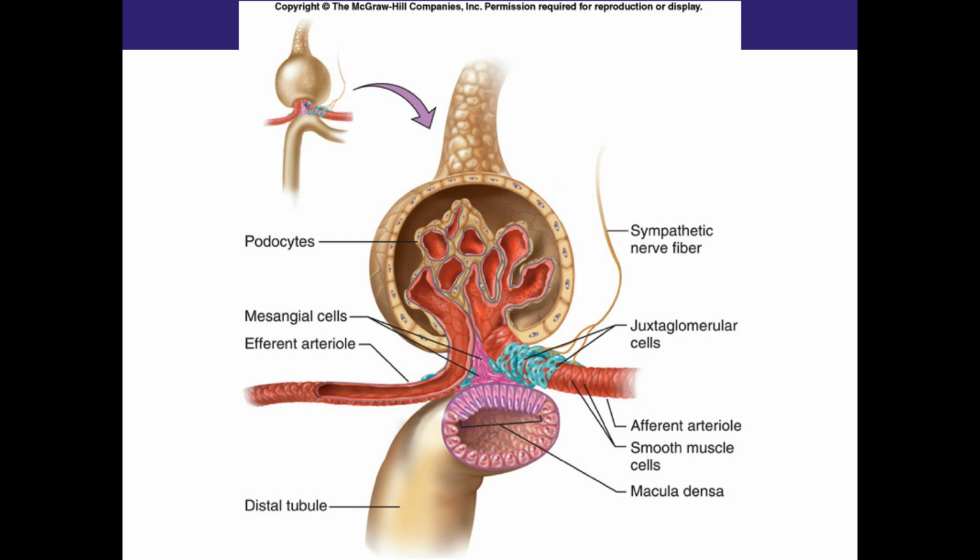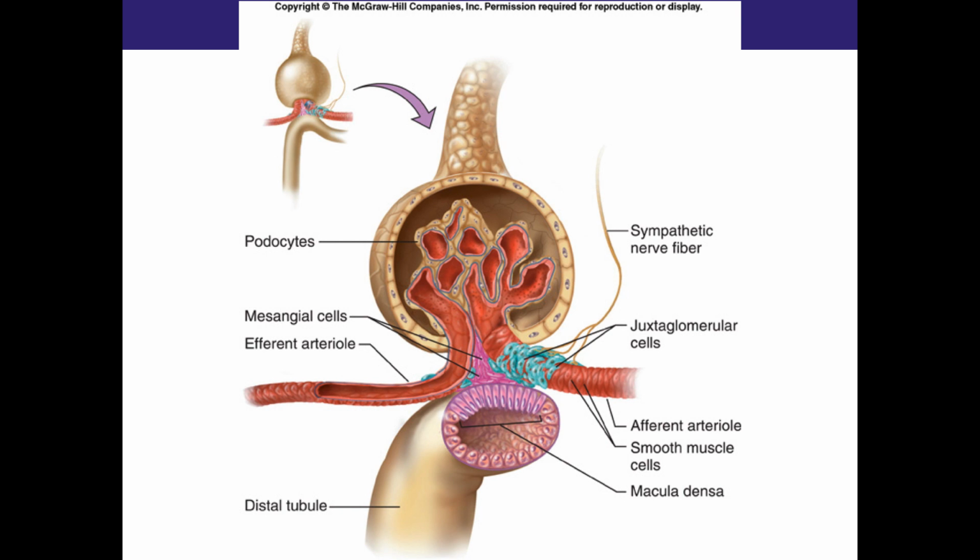If the flow is too fast or way too slow, there's not going to be many salts that are going to be able to bind to the sodium potassium 2-chloride cotransporter. Again, think about that. If it's rushing by too fast, you're not going to get the binding of those salts to the sodium potassium 2-chloride cotransporter. Or if it's way too slow, you're not going to get very much salt that's binding to that sodium potassium 2-chloride cotransporter. Either way, it's going to send a signal to those afferent arterioles to slow down, right?